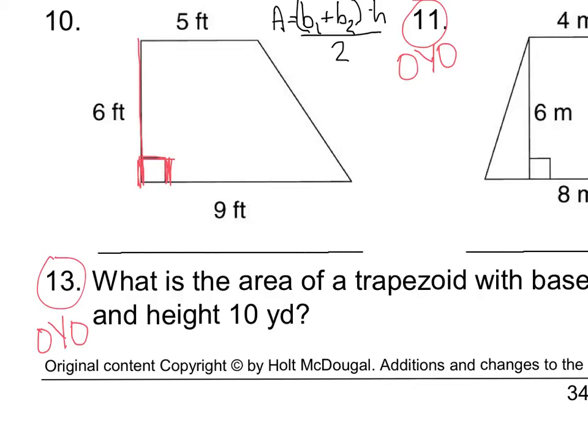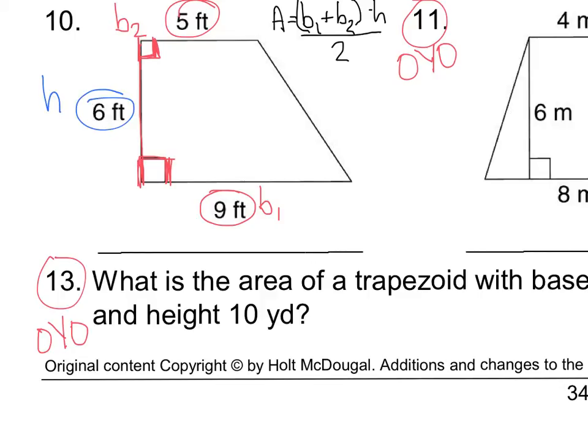So my chair sits on the floor. That's base 1. And also in a trapezoid, the other side could be sitting on the ceiling, so that 5 feet is base 2. Now you could have labeled 5 feet as base 1 and 9 feet as base 2. It doesn't matter. Now that back of the chair is your height.